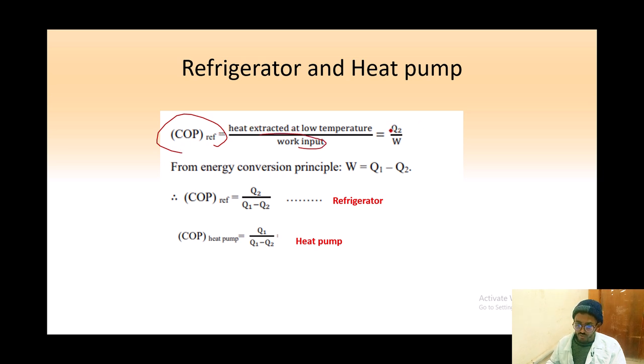This one was Q2, this one was work. We all know from the energy conversion principle we have W equal to Q1 minus Q2. So if you replace it here, Q1 minus Q2, and you have the heat extracted at low temperature Q2, this one is for the refrigerator. But for the heat pump, the desired heat is Q1, so you will have Q1 over Q1 minus Q2.